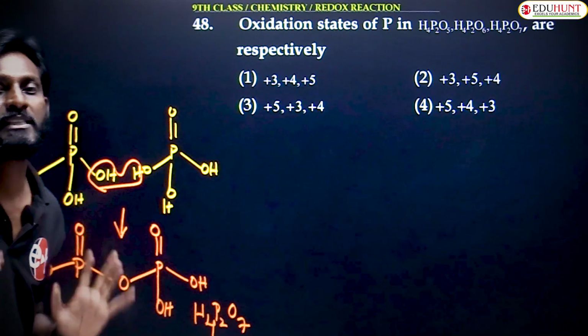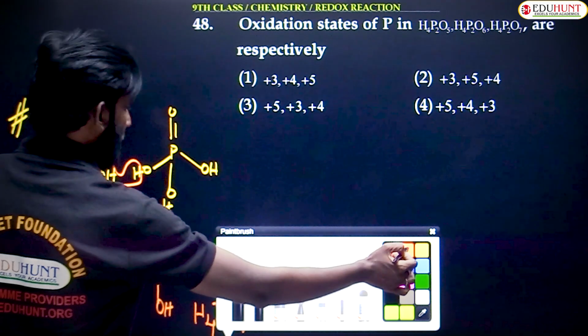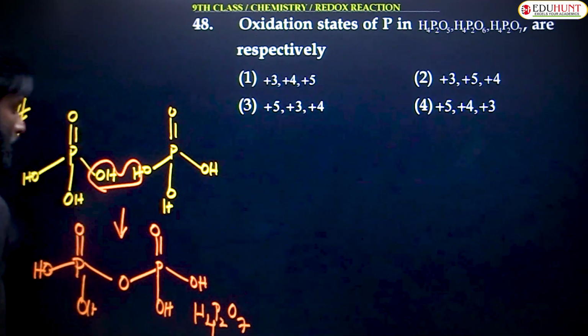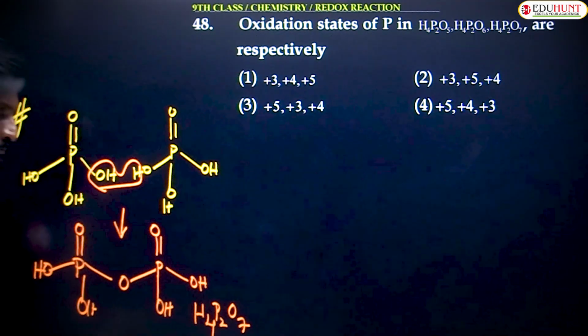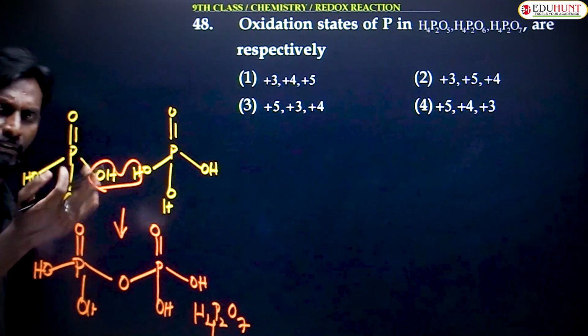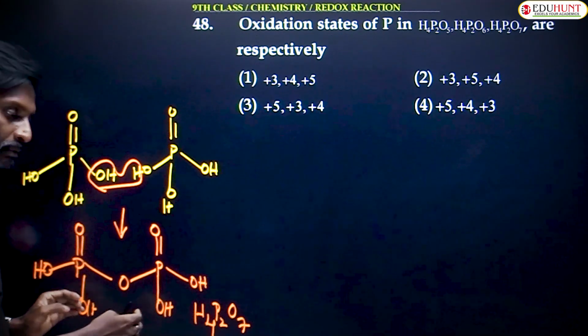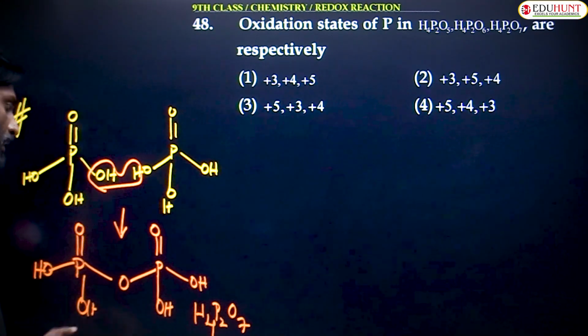Now again I am explaining. What is the name of this oxy acid? Pyrophosphoric acid, because when you heat phosphoric acid, you will get this. Pyro means heating.